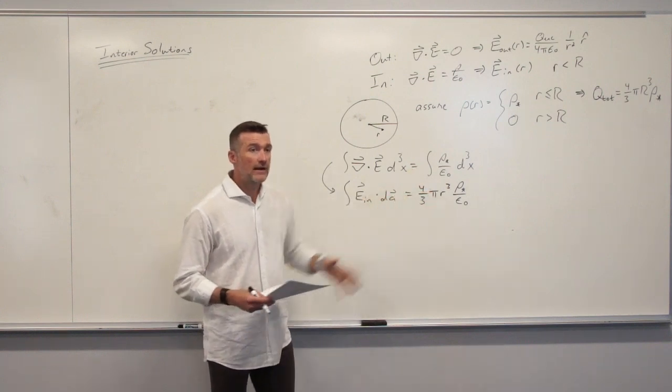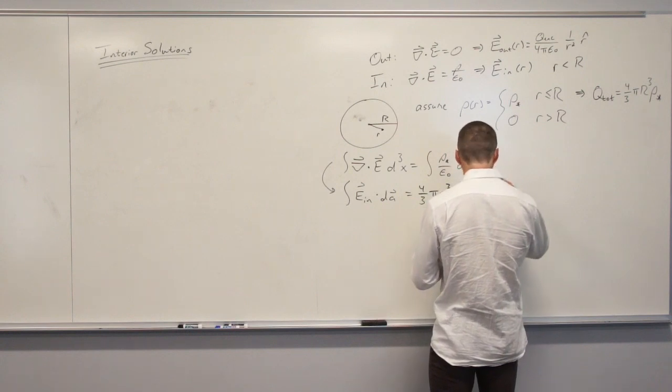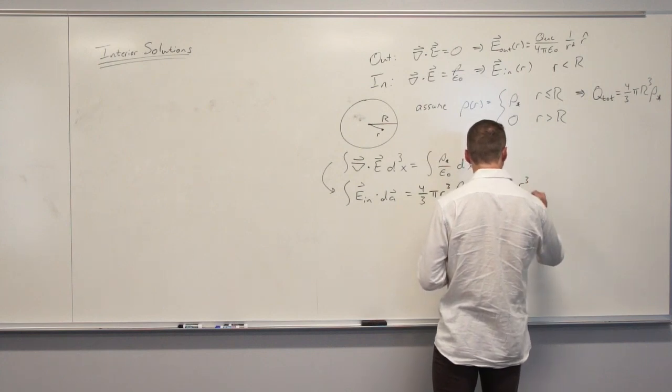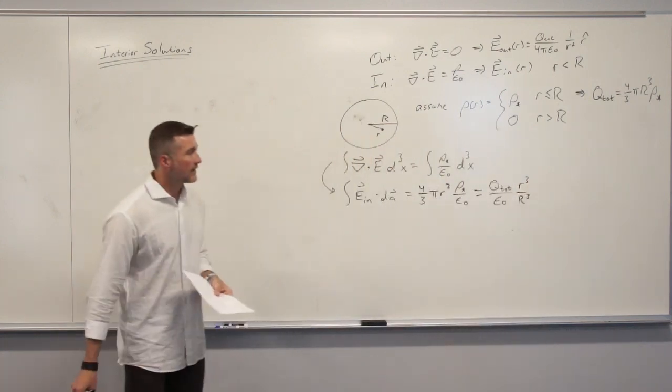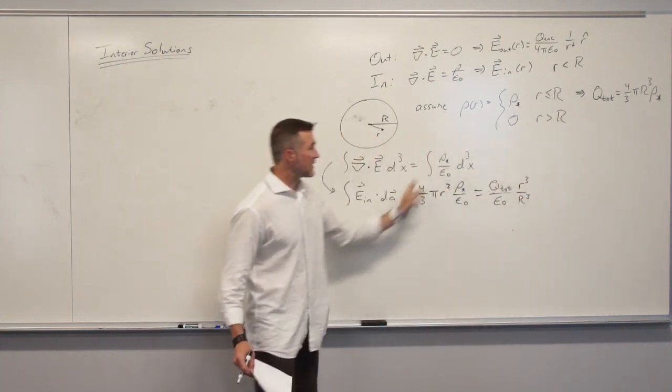But that's okay, we can write it in terms of Q total. In the end, this is just Q total over epsilon naught times little r cubed over big R cubed. If you're confused, just take this expression, plug it in for Q total, and you'll see you get right back that.